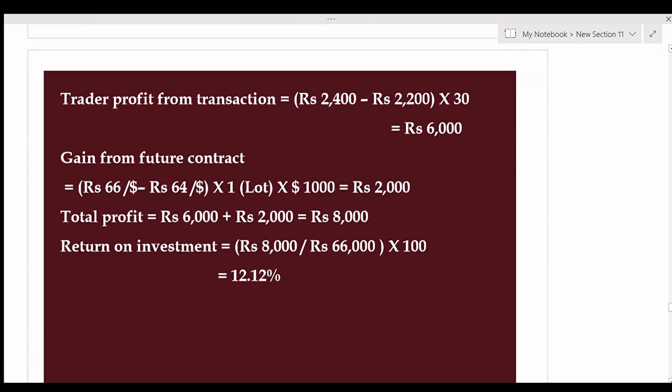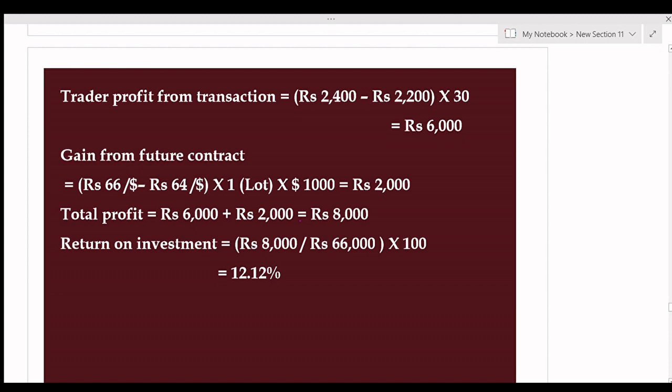Trader profit from transaction will be 2,400 minus rupees 2,200 multiplied with 30 grams is equal to rupees 6,000. Gain from future contract: 66 spot future rate minus 64 expiry future rate into one lot is equal to one lot into lot size is equal to rupees 2,000.